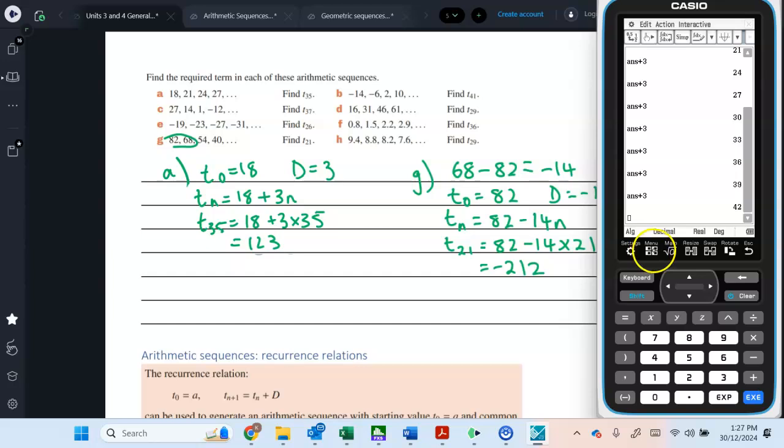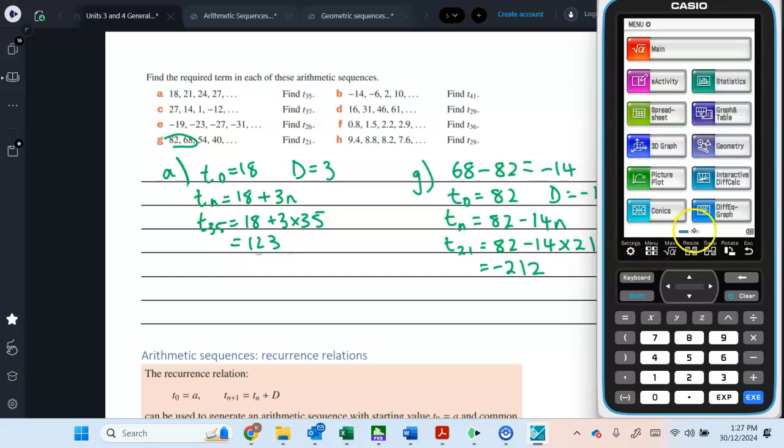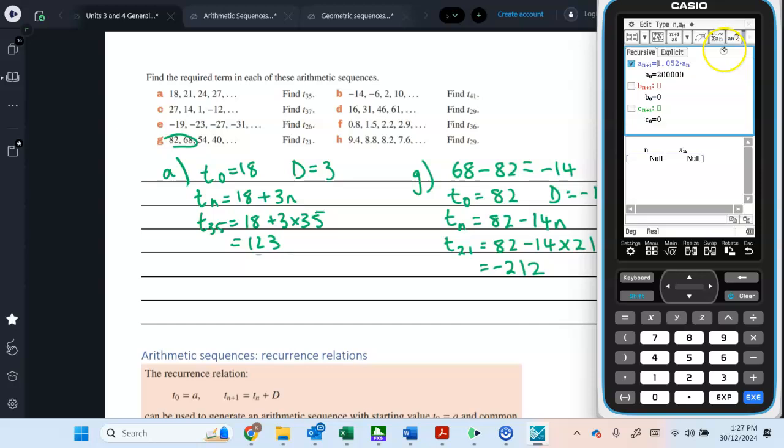Another thing you can do is use sequence on here. We can just clear what I already had in there. All right, so my sequence, I'll do the first one again. So 18 plus 3n, and we just find n up here. Our initial value we've got to put in.